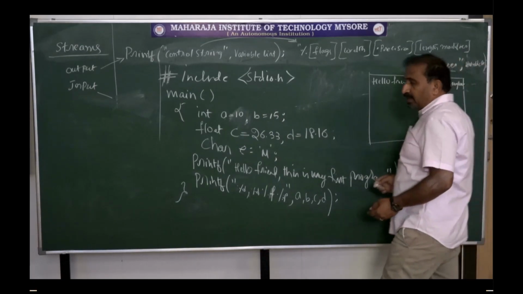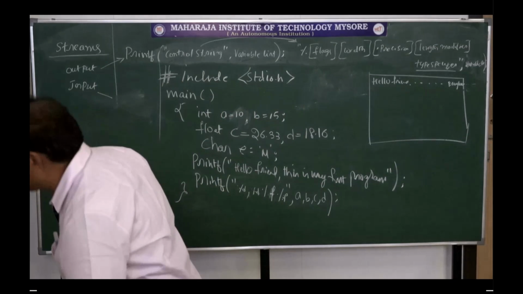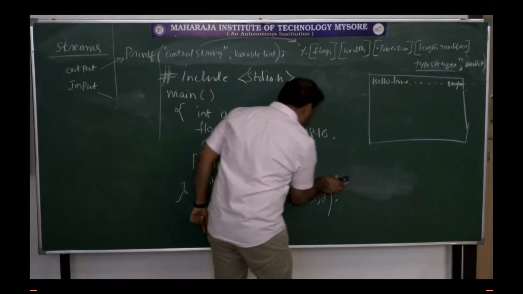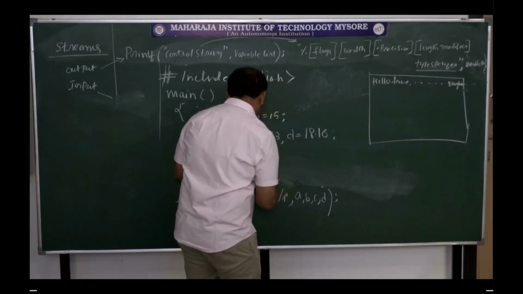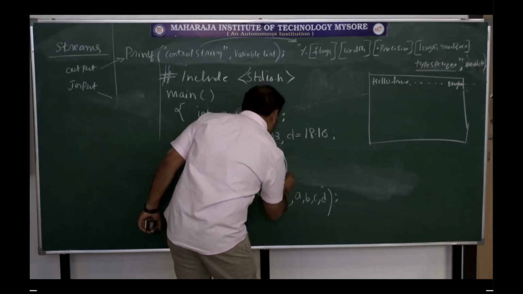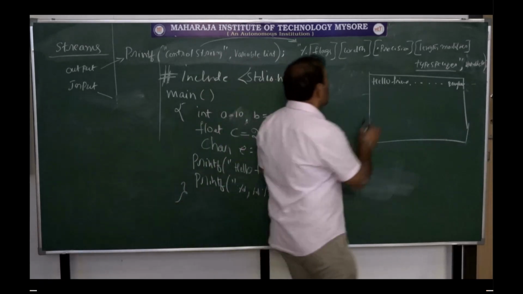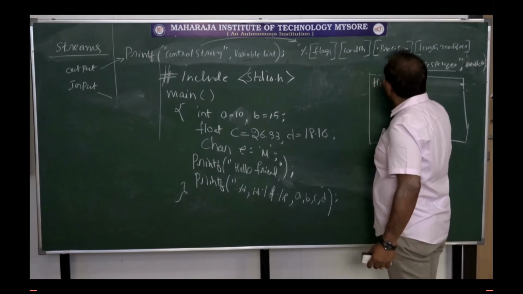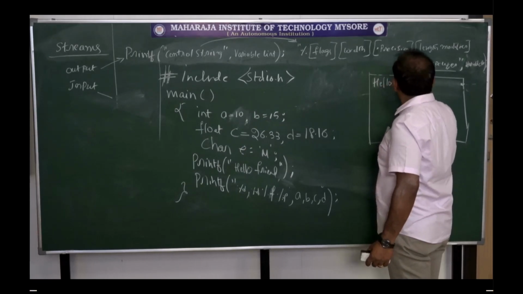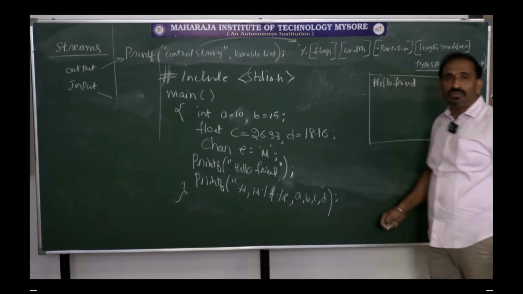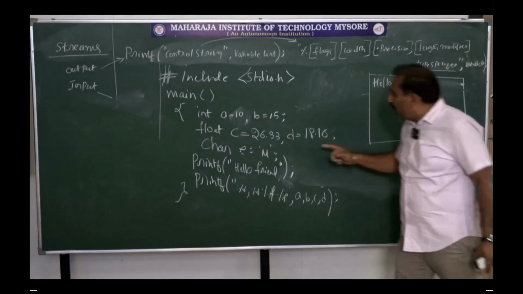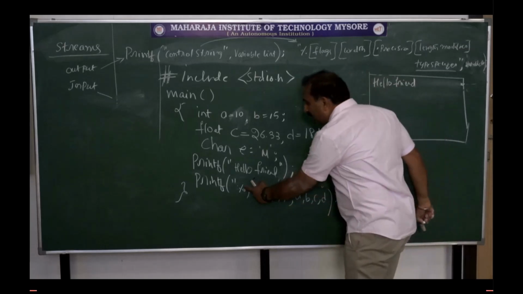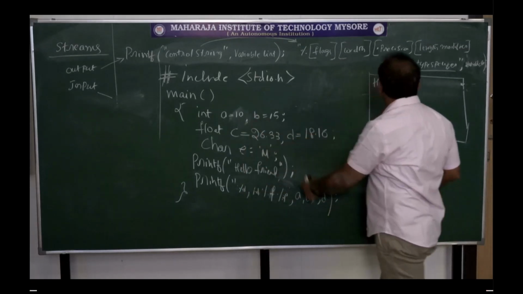Okay, to make it simple, I will just eliminate this. Now we will see how it prints. First it prints hello friend. Next, you are going for another print, so it prints %d, which is nothing but 10.